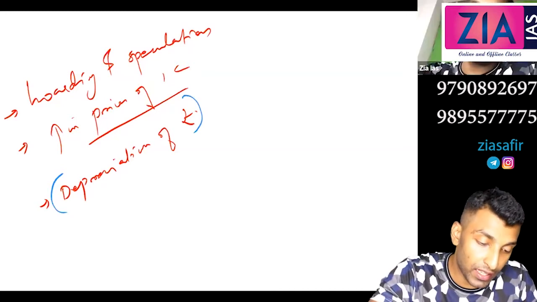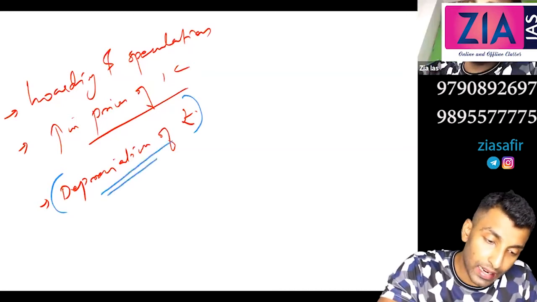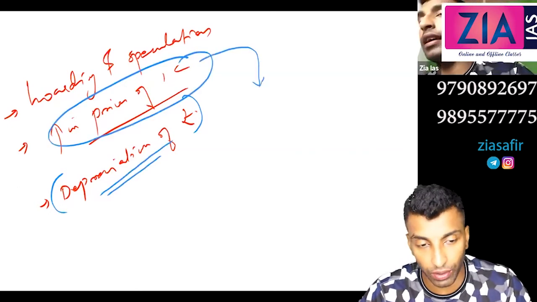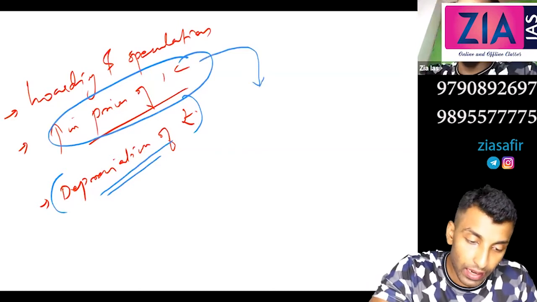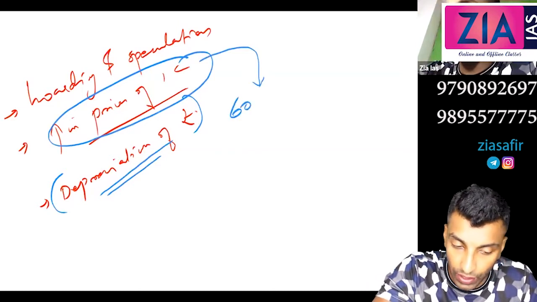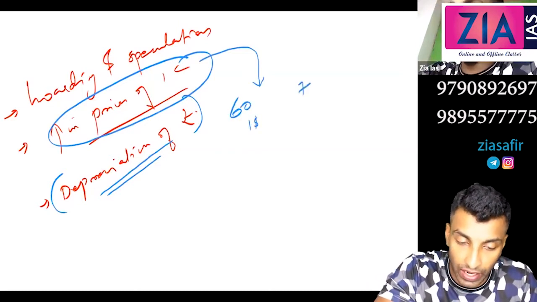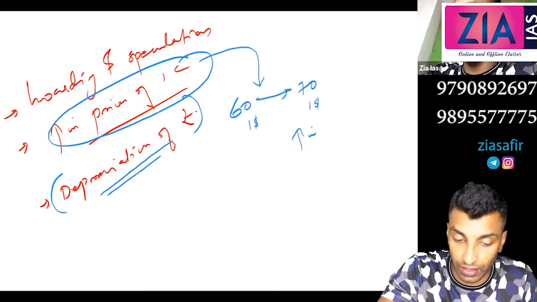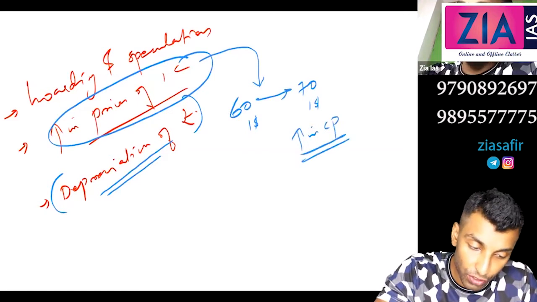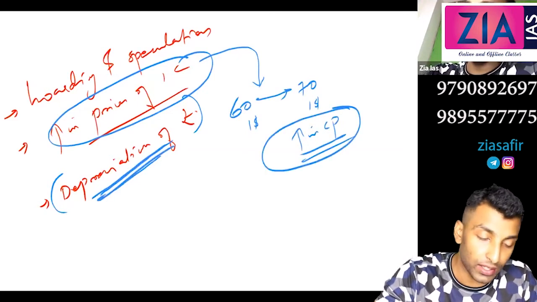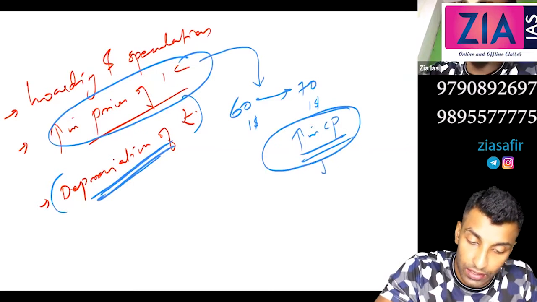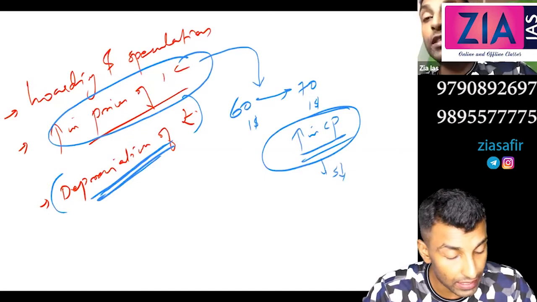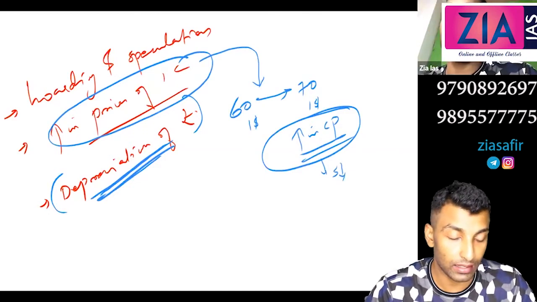Yes, when depreciation of rupee is happening, it is connected to imported commodities, like crude oil and everything. Earlier, let's suppose you were paying 60 for $1, and now you are paying 70 for $1. So this leads to increase in cost of production. So depreciation of rupee will result in increase in cost of production. That will reduce the supply and lead to cost push inflation. So depreciation of rupee is actually a reason in both cases, there and here.